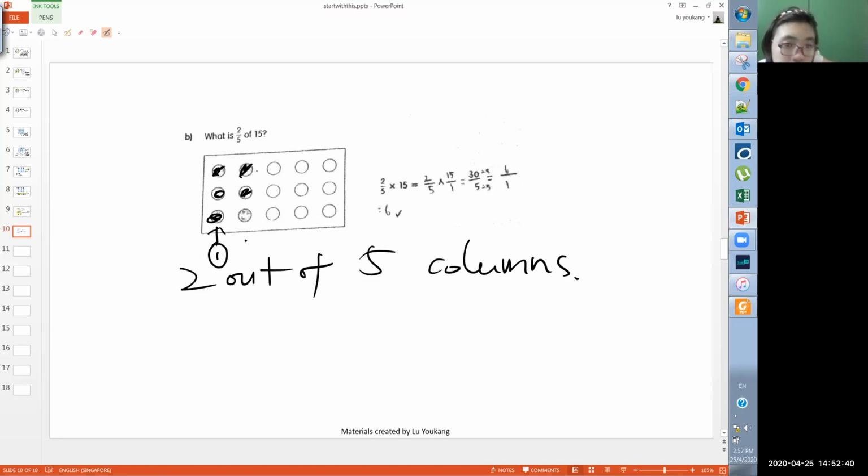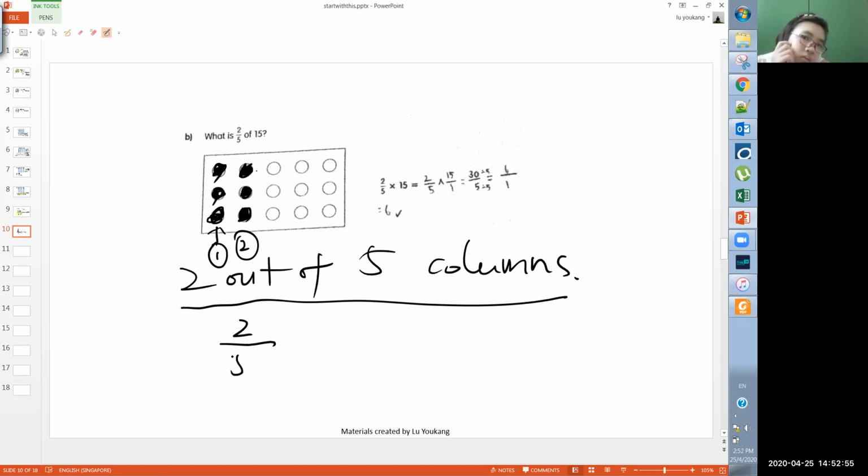Then this is your second column. So 2 out of 5 columns are highlighted in this case. Can you see? So that's the reason why 2 out of 5 means 2/5 times 15. Okay.